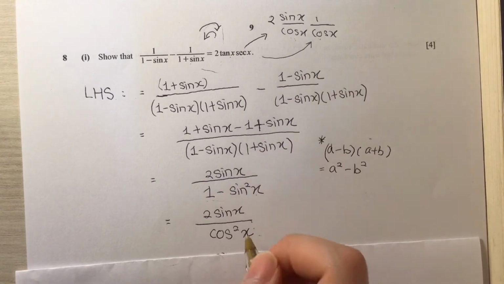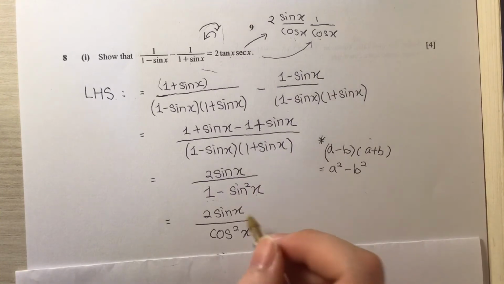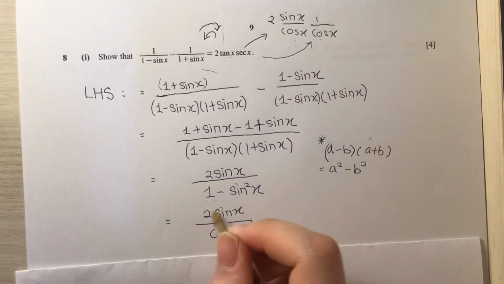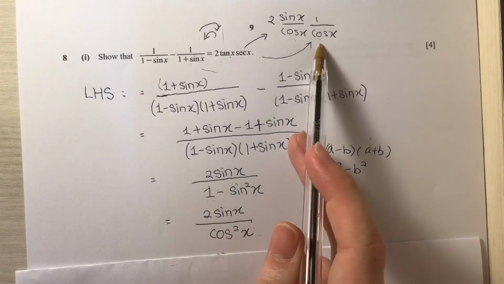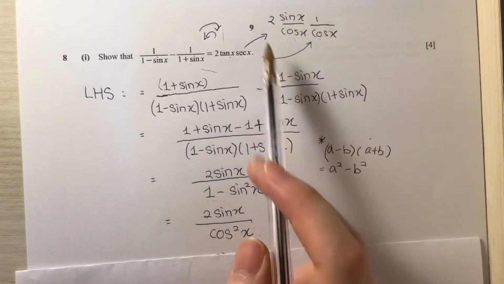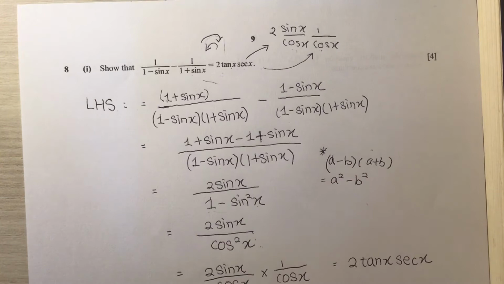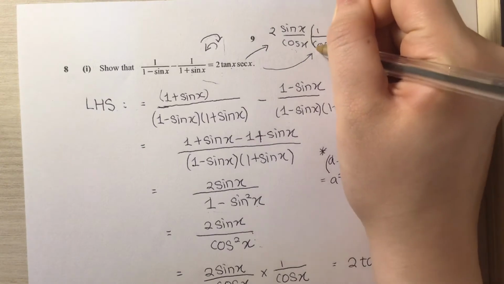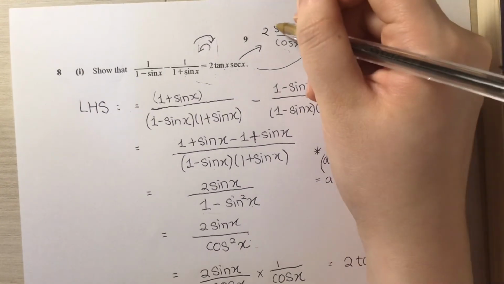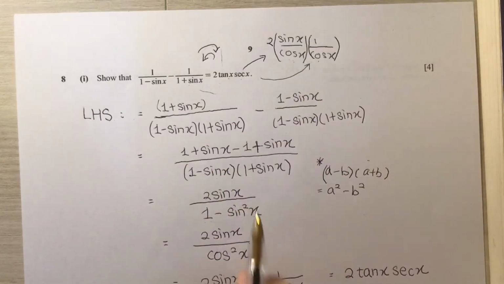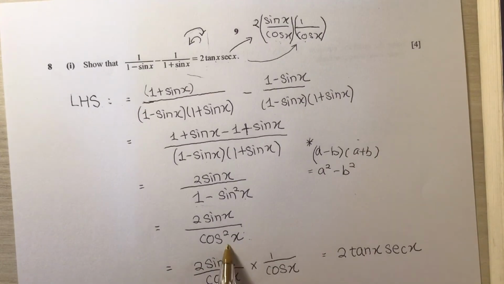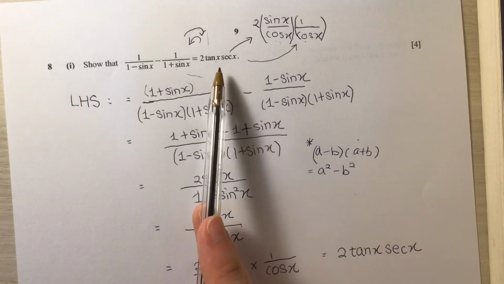To change your answer from this form to this form, all you have to do is split them like this, because you need to show the examiner clearly how 2 sine x over cos squared x is just equal to 2 tangent x and secant x.